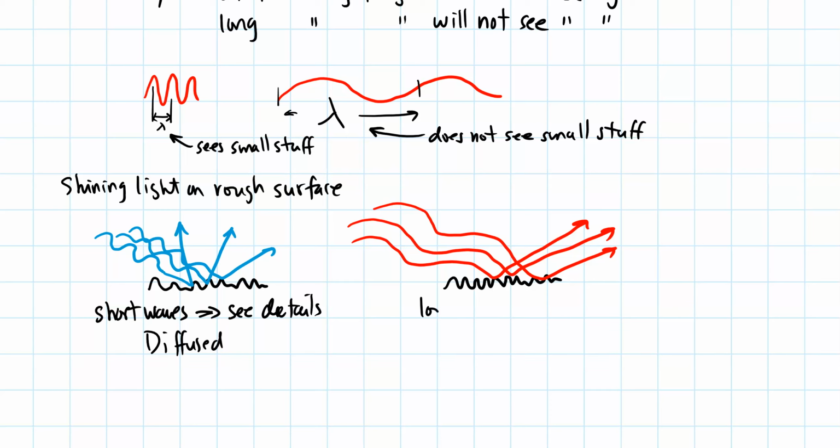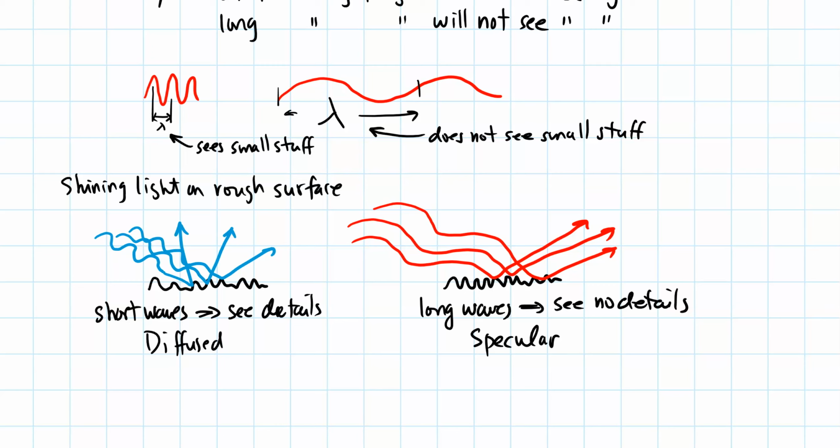The long waves, they see no details, and you therefore get specular reflections.